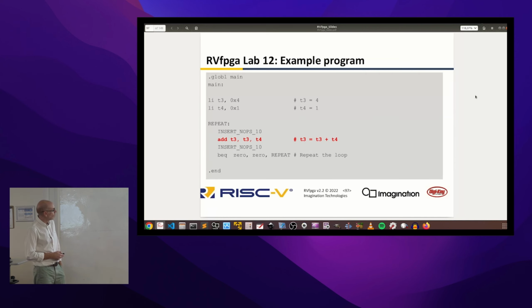So we use this simple program. Note that it's an artificial program, it does nothing. We only wanted to analyze an add instruction. We include an add instruction in an infinite loop, and note that we usually surround the instruction that we want to analyze with a number of nops.